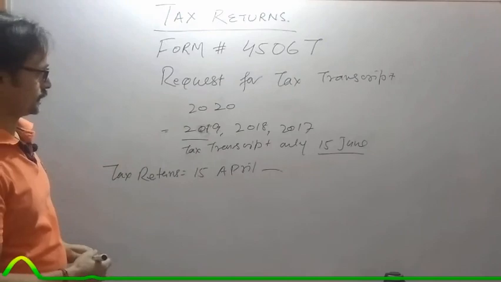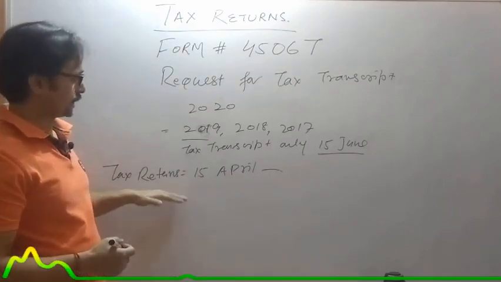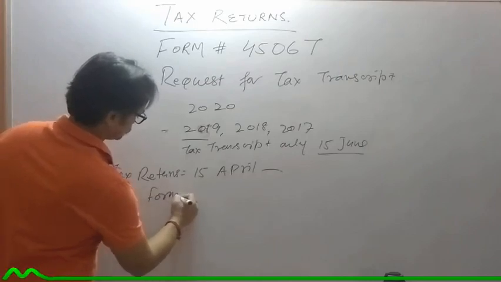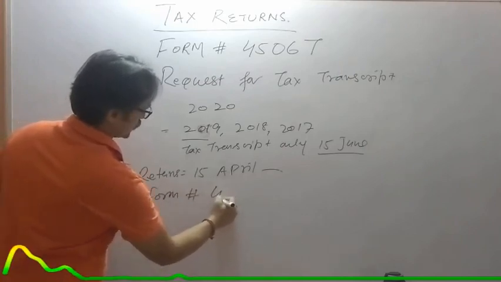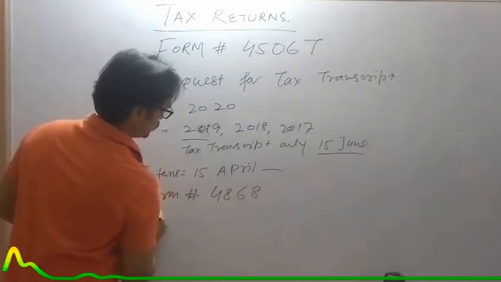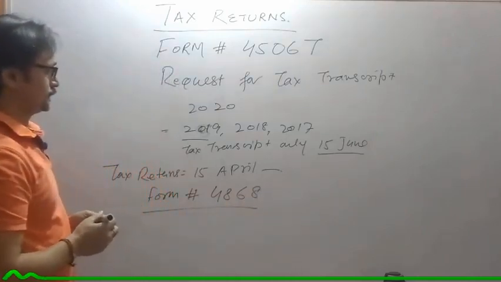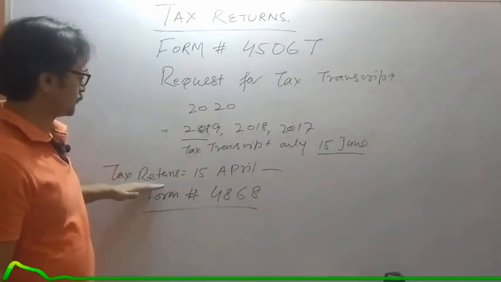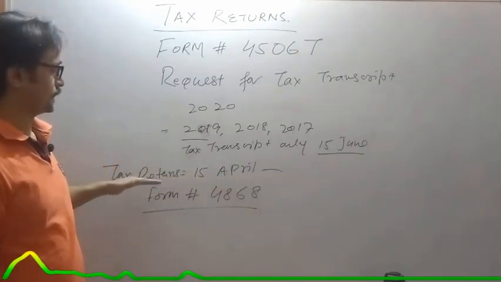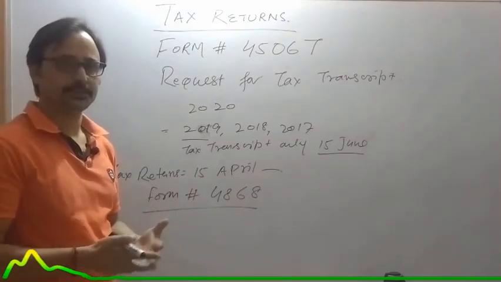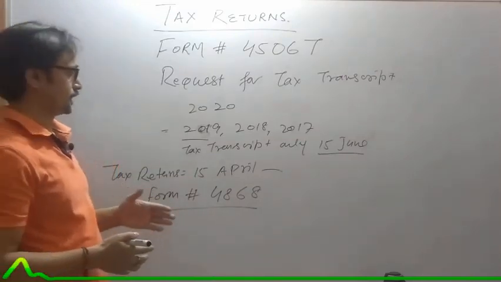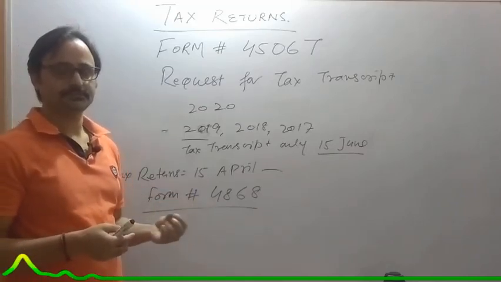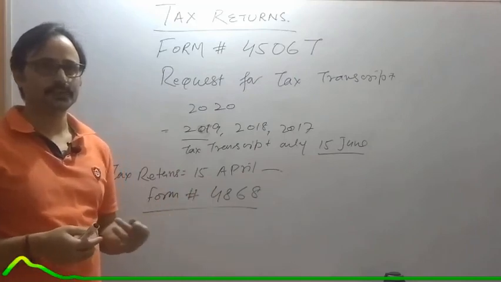Okay, 15th April. Now let's go to one more document, that is form number 4868. Have you heard about this form number? This is again related to tax returns only. What happens if someone is not ready to file tax returns? Maybe someone has a business and does not have the funds available, or some information is still missing, and they need some more time.